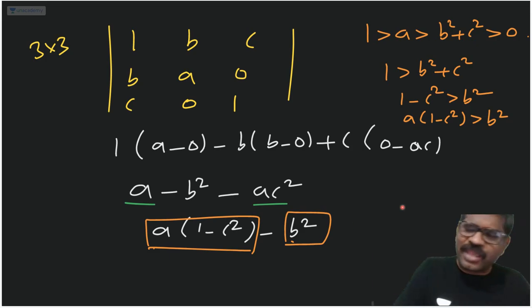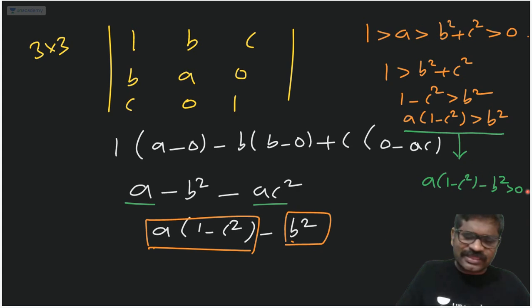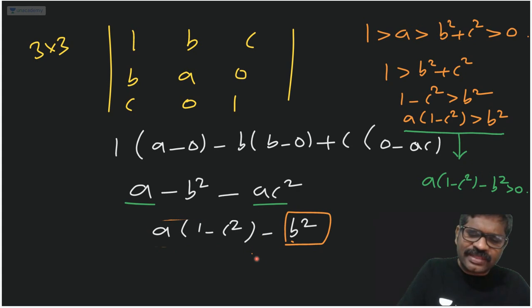If A into 1 minus C square is greater than B square, then A into 1 minus C square minus B square is greater than 0. That's why I am going to write this value greater than 0.